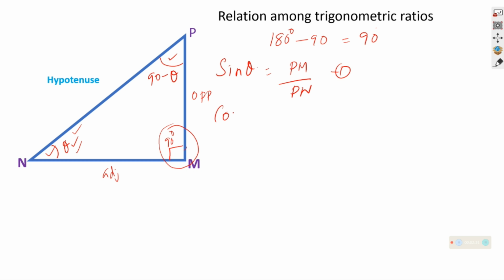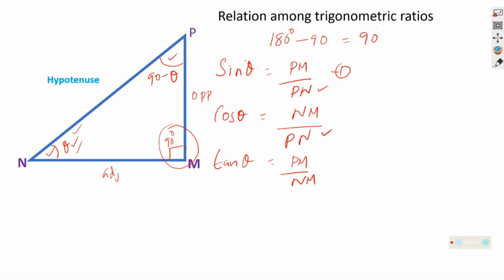Cos theta is adjacent side upon hypotenuse; adjacent side is Nm and hypotenuse is Pn. Tan theta, the tangent ratio of the angle theta, will be equal to the opposite side upon adjacent side, and opposite side is Pm and adjacent side is Nm. There is no doubt about it.